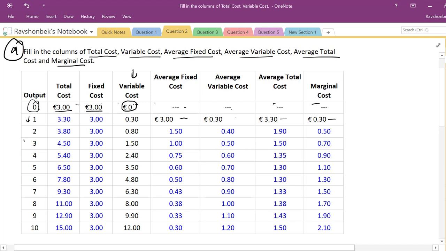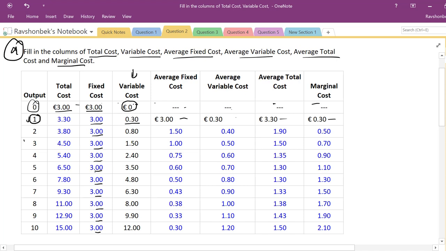Now as we produce this first unit, our variable cost is 0.3. Notice this, because fixed costs are fixed over different output levels, they're just £3. We just copy them across all these rows. So that's total fixed cost at all levels.